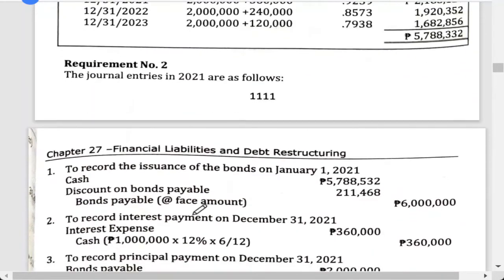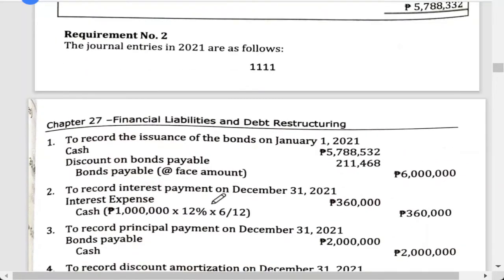To record the issuance of the bonds, debit cash, the consideration first, and credit bonds payable, 6 million. The balancing figure on the debit side is the discount on bonds payable, 211,468.